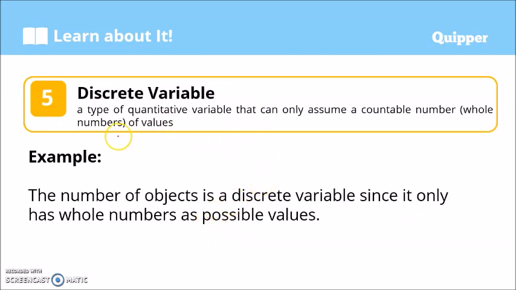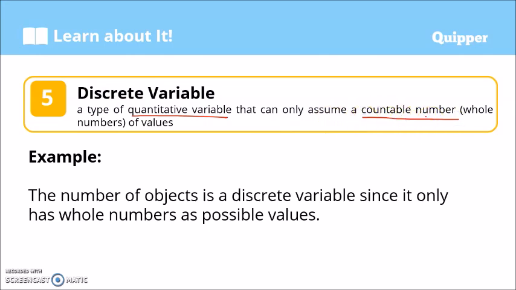Next, we also have what we call discrete variable. Ito naman, it is a type of quantitative variable. So, una, we have either qualitative data or quantitative data. Under quantitative data, we have what we call discrete variable. So, when we say discrete variable, it can only assume a countable number.